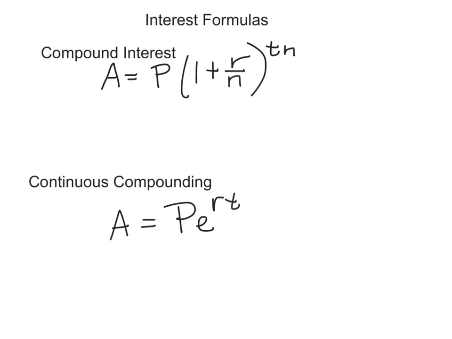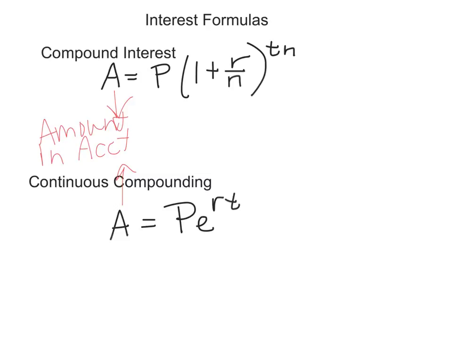However, you are going to have to know what all the variables mean, and that's what we're going to go through right now. So I'm simply going to give you the formulas, but you have to know what these variables mean. So the first one is compound interest, and the second one is continuous compounding. For both of them, the A value here represents the amount in the account.